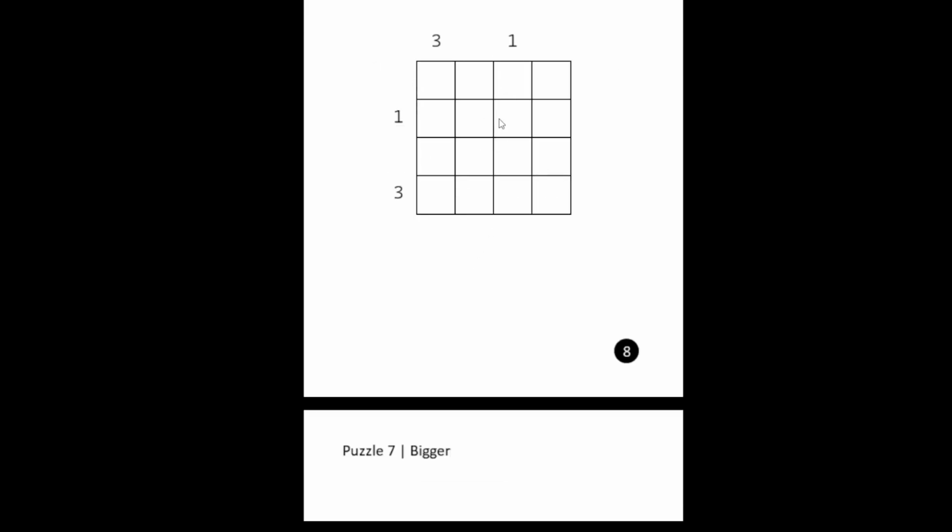Huh. Hmm. I think this must not be like that. I think that has to be shaded in. No, never mind. Okay, what I thought the rule was is no squares.